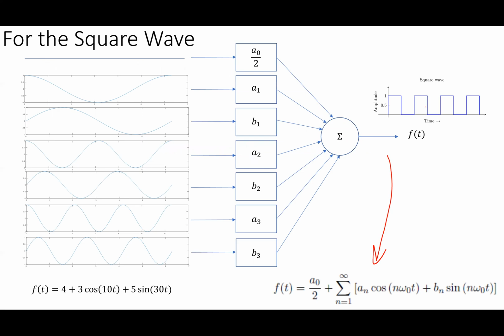The way that I try to visualize this is helpful, since some of you may not be all that comfortable with what this says mathematically. This is my f of t right here, this square wave.